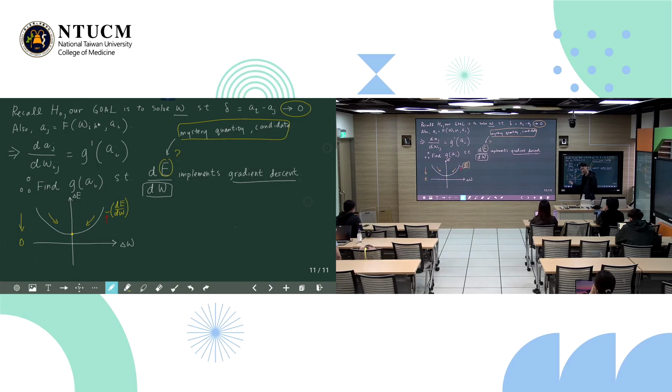If I'm going left, I'm decreasing, right? But if I'm on the negative side of the change in W, negative of a negative is positive, so I have to go right. So if I put this negative in front of how this mysterious function changes with respect to the change in weights, then I am making it a gradient descent.